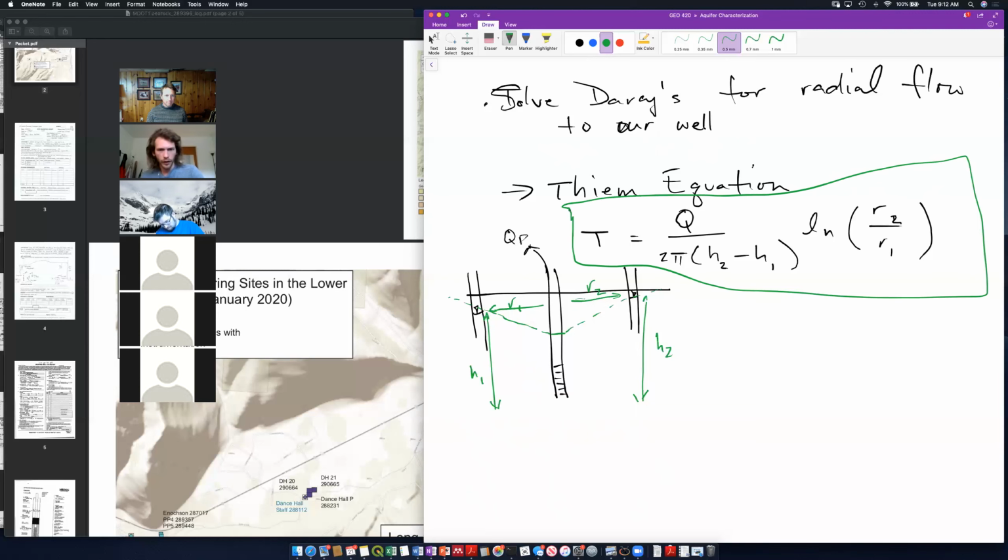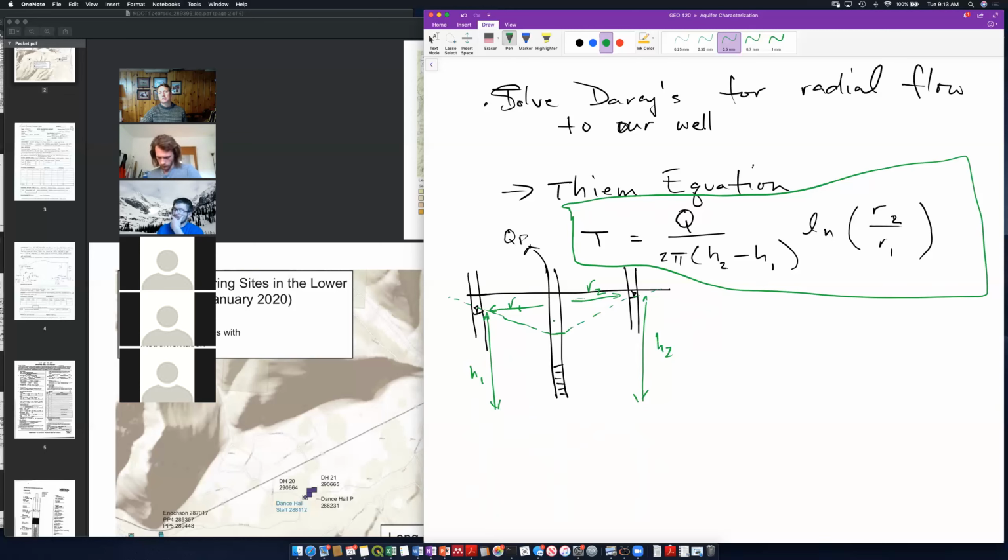Hey, Peyton, does it matter which well is the H1 or H2, or is H2 the one that's closest to the pumping well? Well, no, it doesn't really matter. It shouldn't matter. They just need to be matched, R2 and H2 need to be matched.